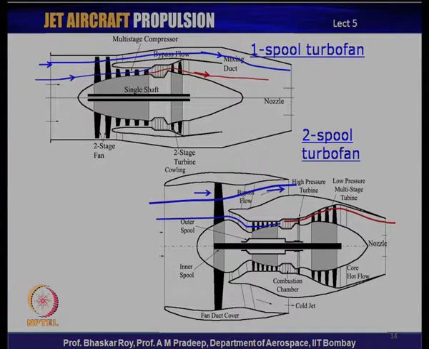So, this is simply called the gas generator, and then of course, the next group of turbines produces a lot more power, and this power is sent through this inner shaft to this big fan.